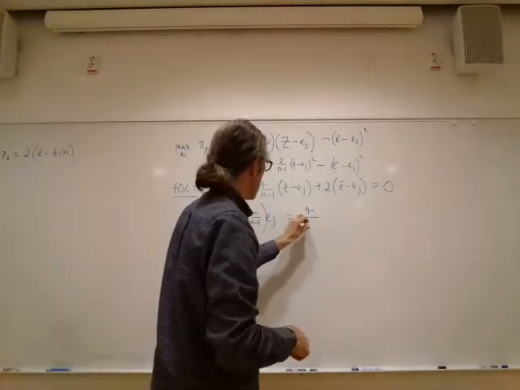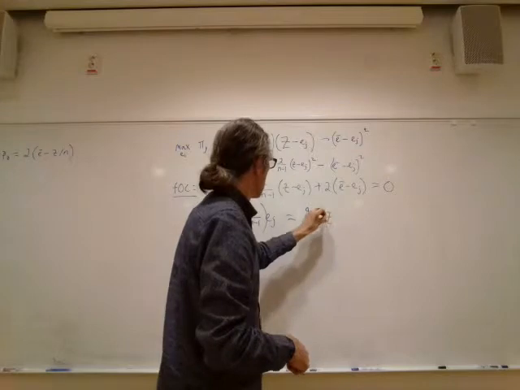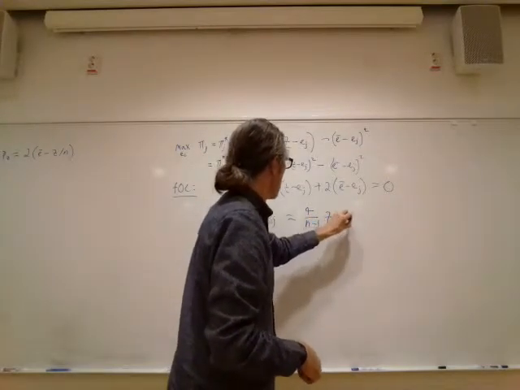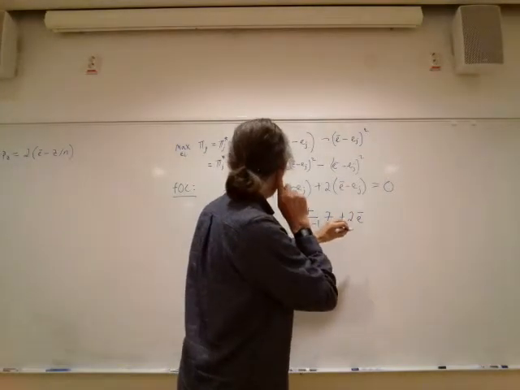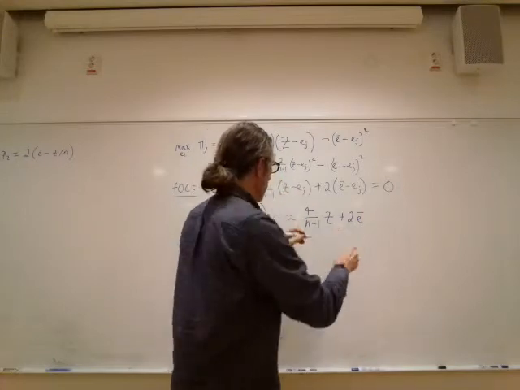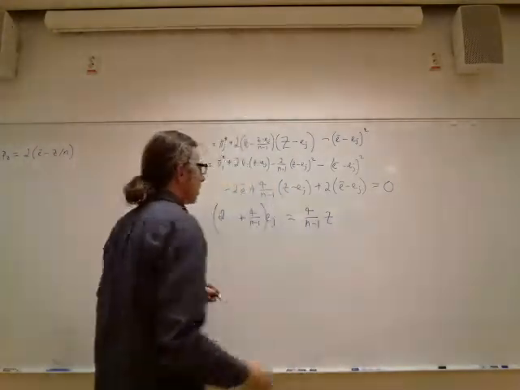So we've got 4 over n minus 1 times Z plus 2 E bar minus 2 E bar, so that's just cancelling.